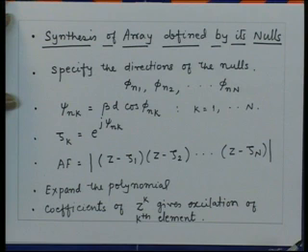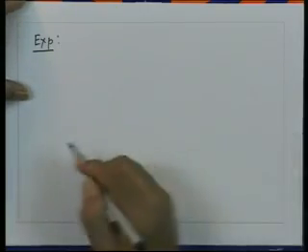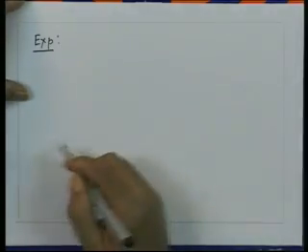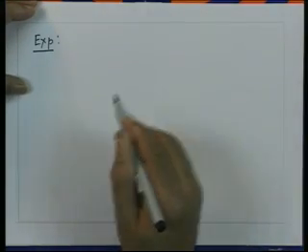Let us take a simple example to understand how we define this. So, let us say we want to design an array which has two nulls, one corresponding to phi equal to 0, another corresponding to phi equal to pi by 2.